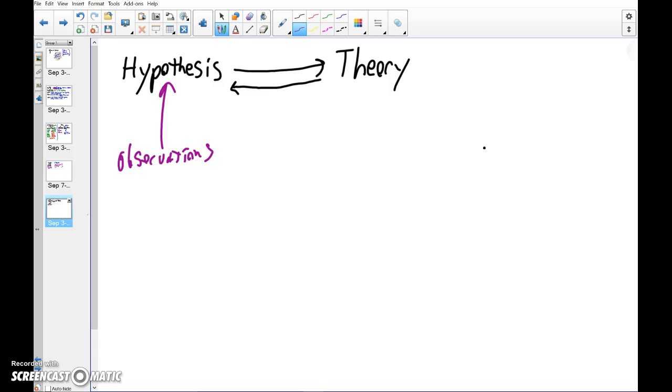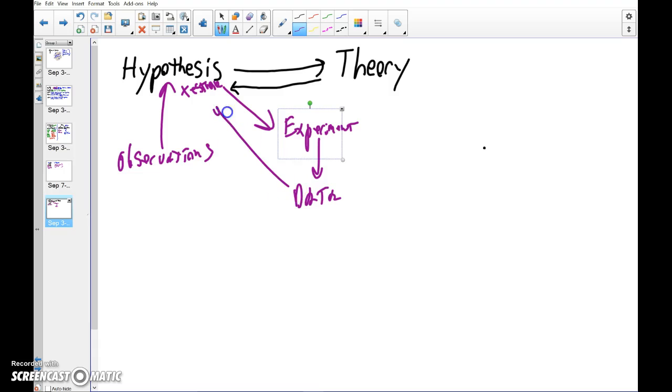Remember, a hypothesis is testable. So then that hypothesis, all right, leads them to say, hey, let me make an experiment. That experiment gives them data. Now, this data could support the hypothesis, or the data could not support the hypothesis.